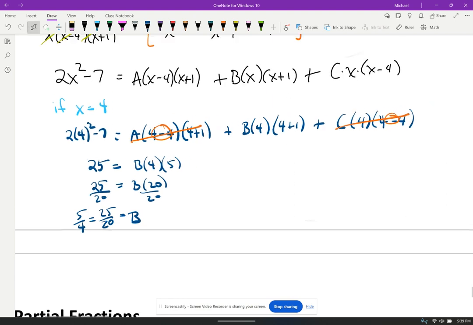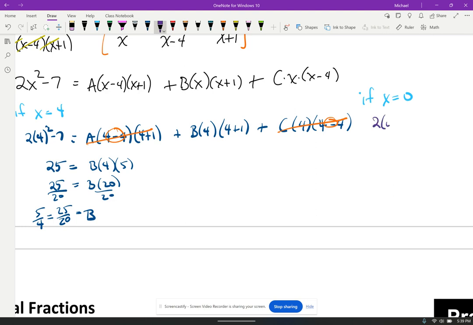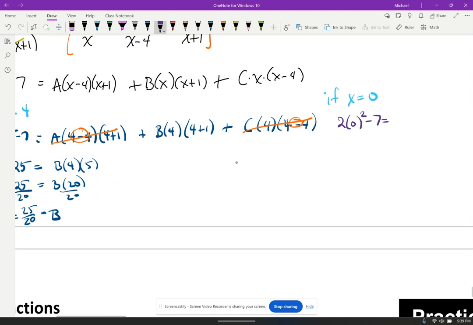But I can do that with another value. For example, what if x equals 0? If x equals 0, well, then that's going to be 2 times 0 squared minus 7 equals. Now, I'm going to start substituting, but once I notice, if I substitute a 0 here, that's going to zero that out. That's gone.